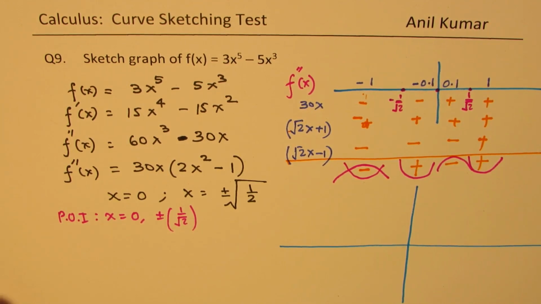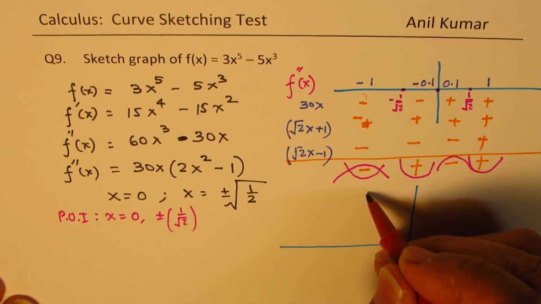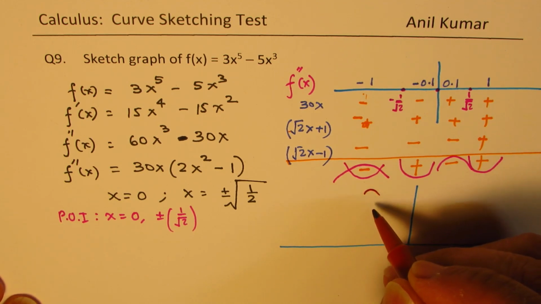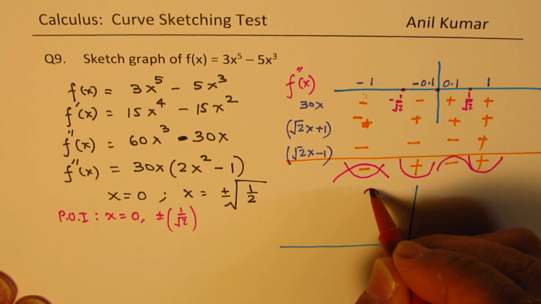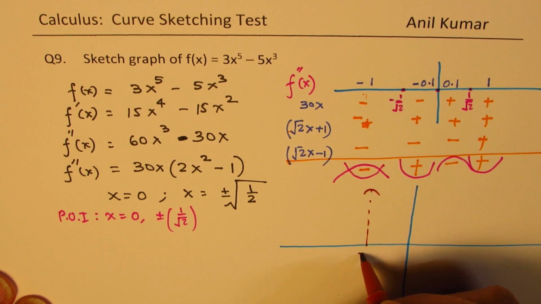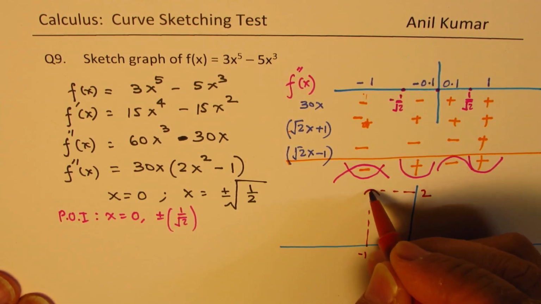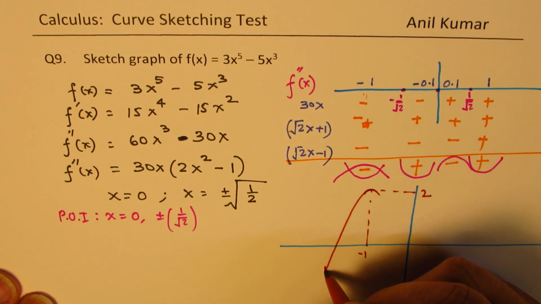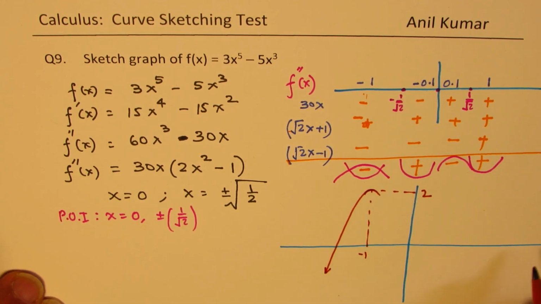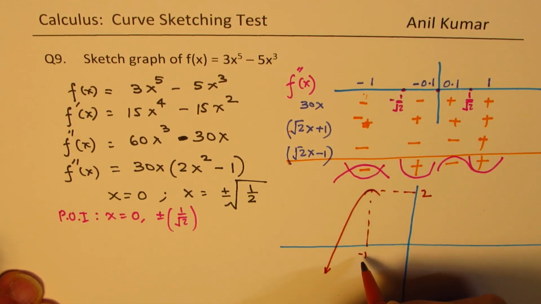So the graph will look like this. So we have a turning point here at minus 1 and 2. Is that okay? Now this graph is kind of like this, where this 0 is at minus 1.